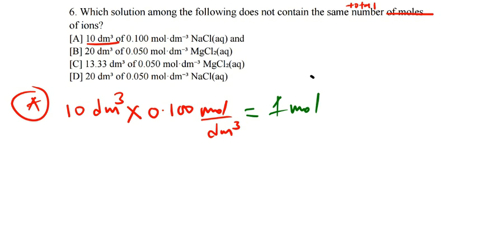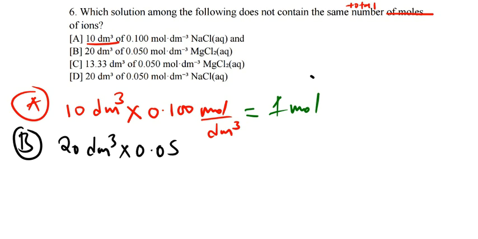For B, we have 20 decimeter cubed multiplied by 0.05 moles, also per decimeter cubed. So 20 multiplied by 0.05, so that's also giving me 1 mole.